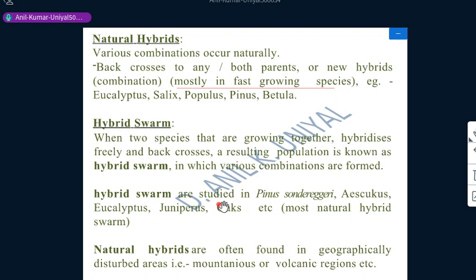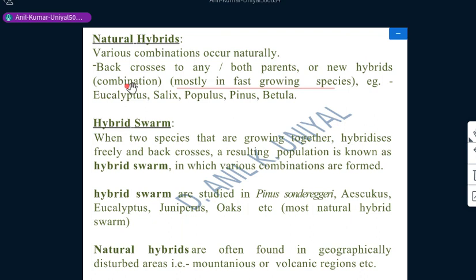In due course their genetic systems may differ a little bit due to mutation in their genetic structure, and it will act as a new variety or new combination here.